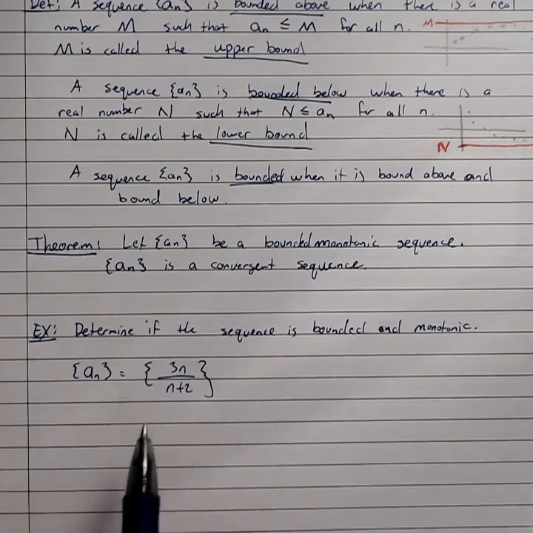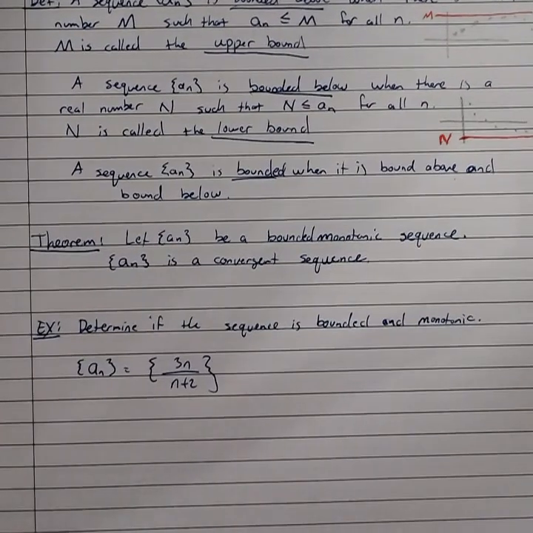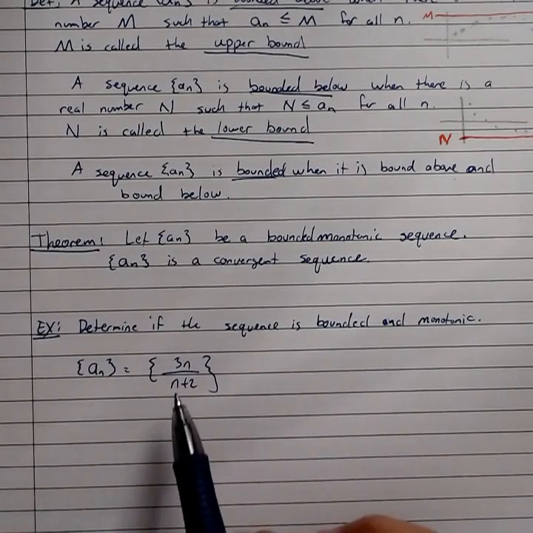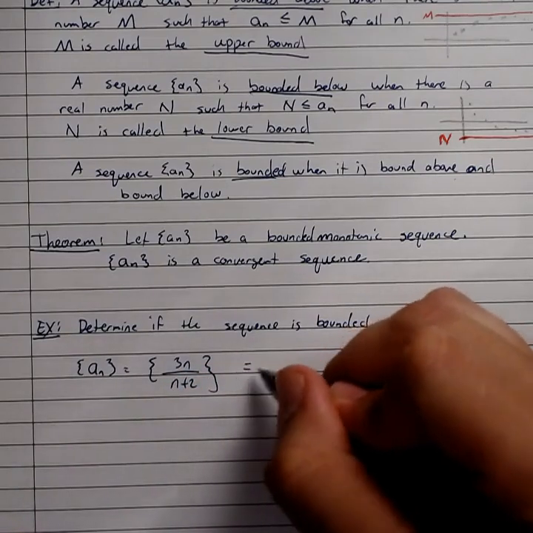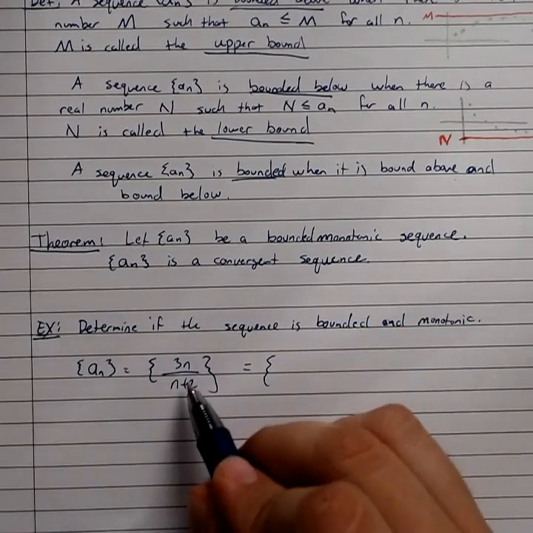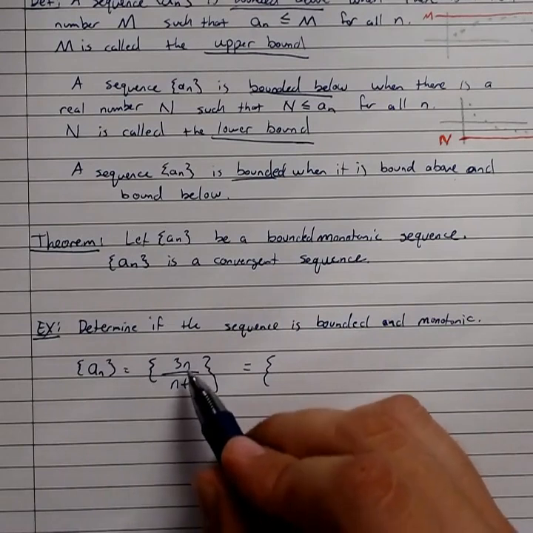Okay, so let's see here. First of all, let's see if it's monotonic. Let's just plug in a few numbers. If I was going to write this out, I would just start by plugging in 1 and 2 and 3 and 4.